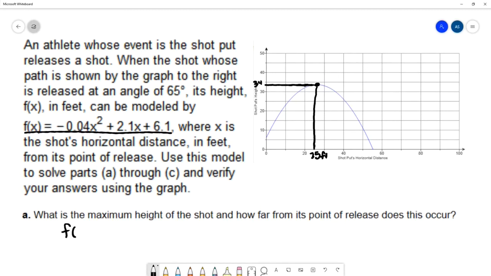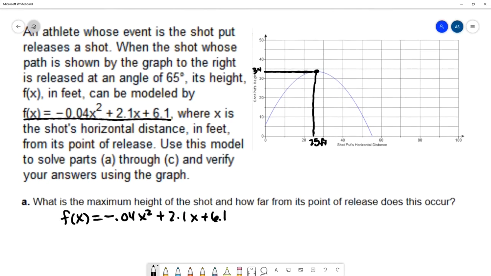So we have f of x equal to negative 0.04x squared plus 2.1x plus 6.1. Because this is a quadratic function, I know that the maximum height is going to occur at the vertex. I can use the vertex formula to find out what that horizontal distance is and also what that maximum height is.